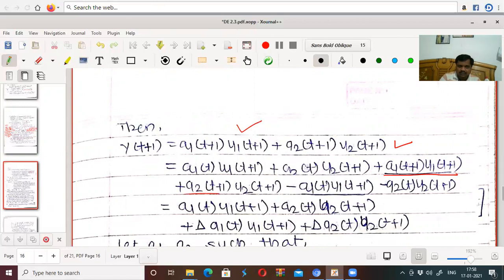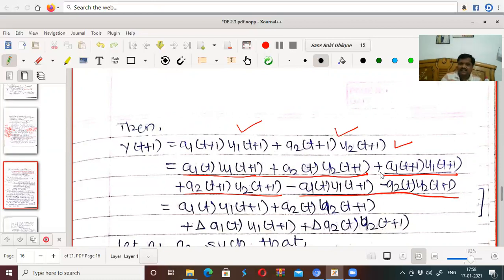Similarly, a2(t+1) u2(t+1), this term also as it is. We will add a1(t) u1(t+1) + a2(t) u2(t+1), and we will subtract the same terms, a1(t) u1(t+1) minus a2(t) u2(t+1). Adding the same term, subtracting the same term.